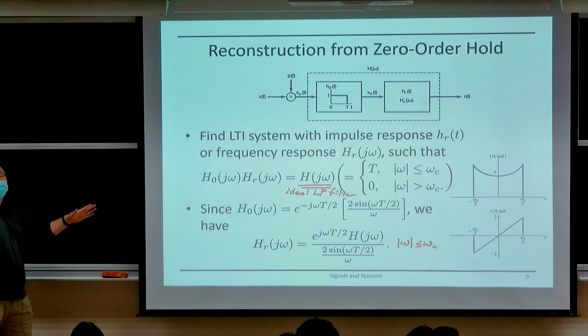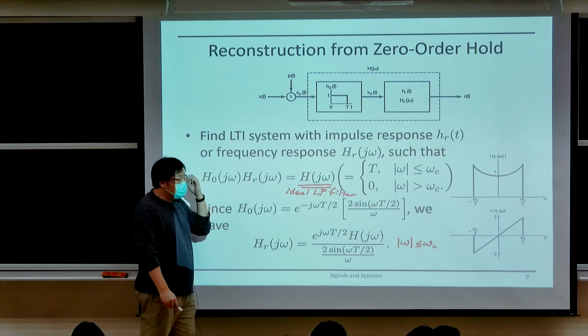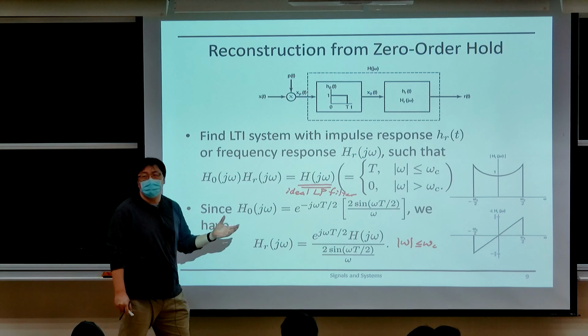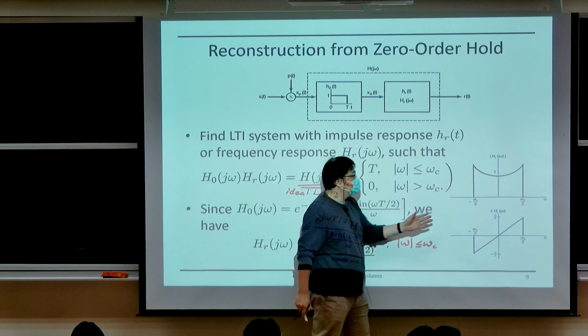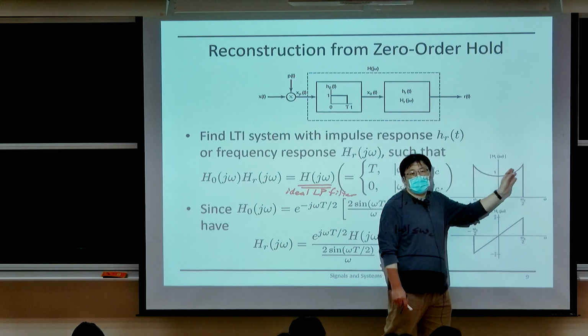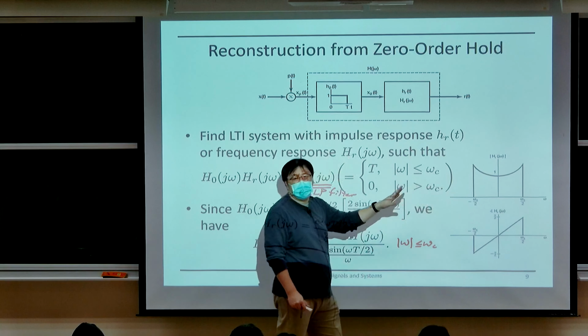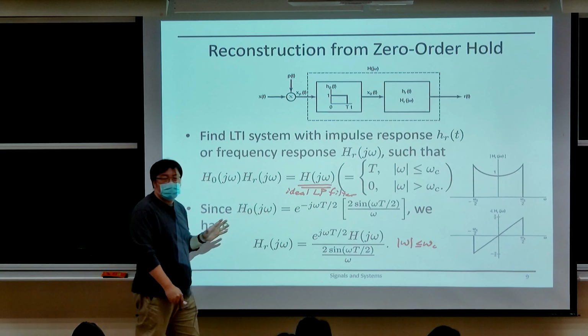Now, theoretically, you can do this, but it's still difficult to realize in practice, because it's always difficult to realize perfectly a particular shape of the filter. We can only try to approximate it as much as possible.